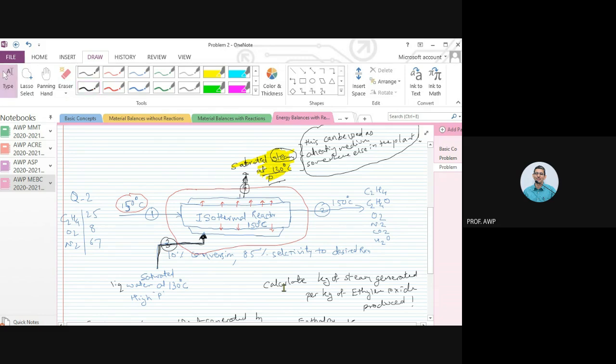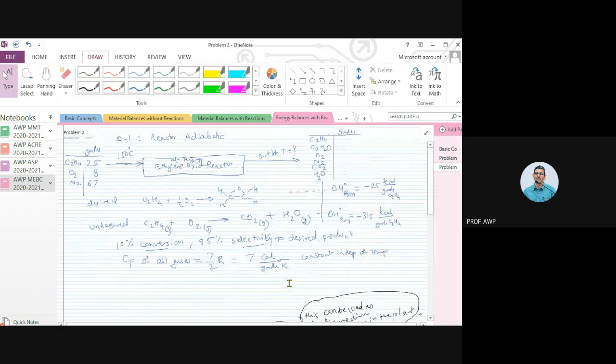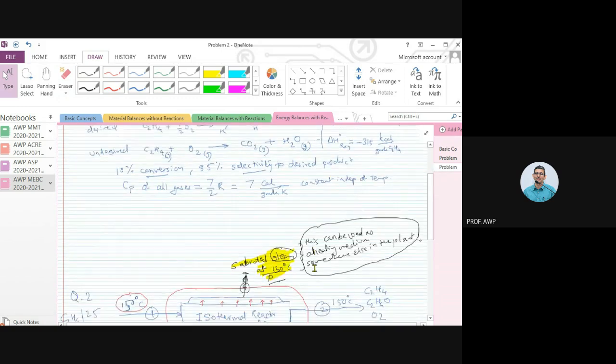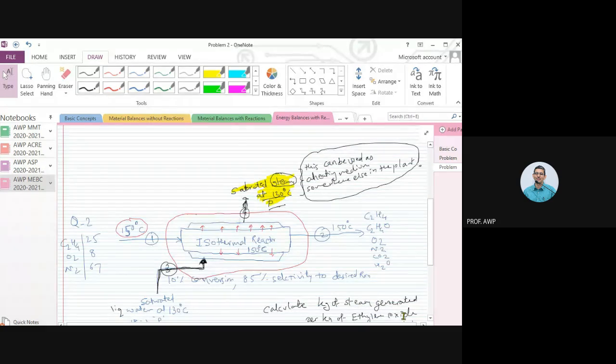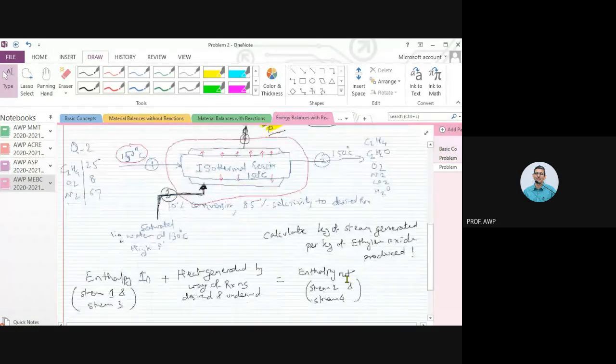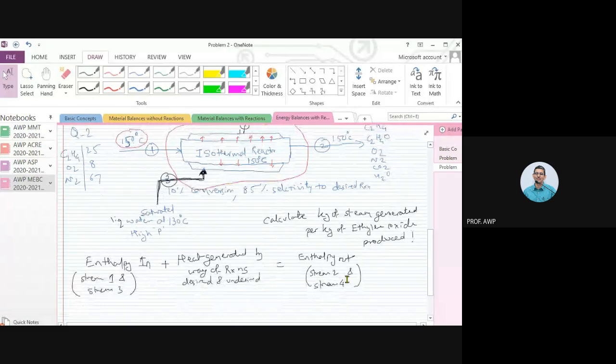Alright, so solve these two problems. First one is very similar to the SO2 SO3 problem. Second one slightly different. Okay, solve. If you have doubt, just unmute yourself and ask.